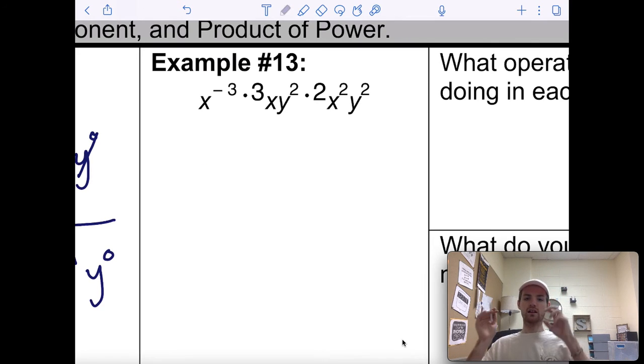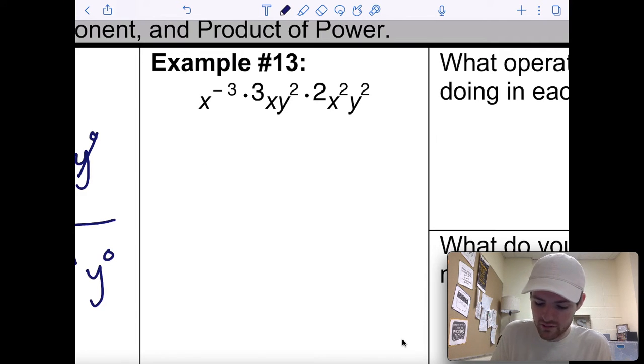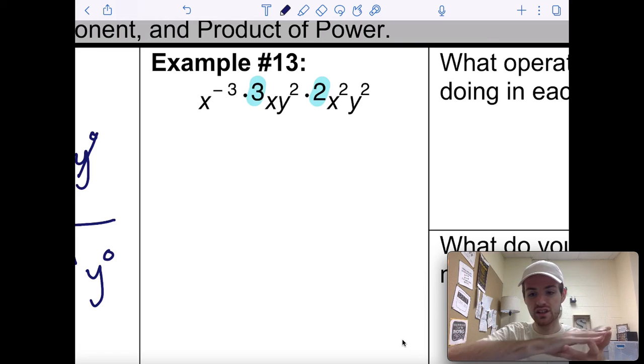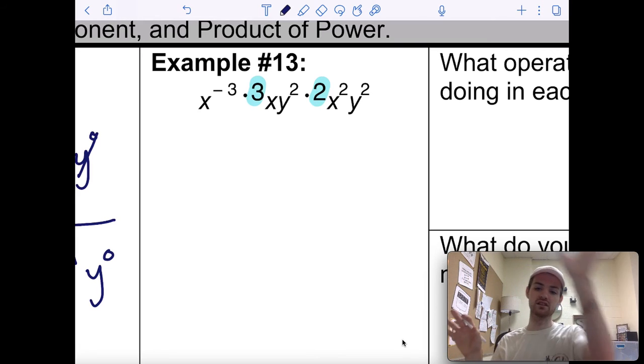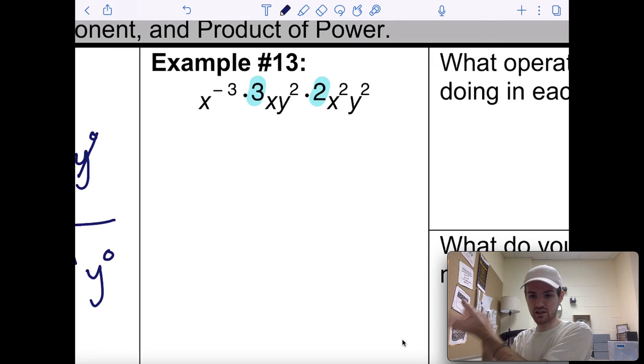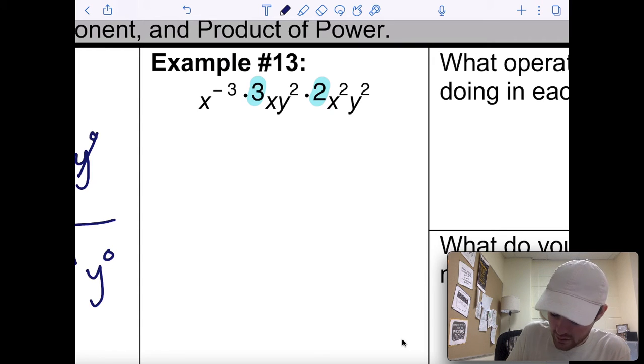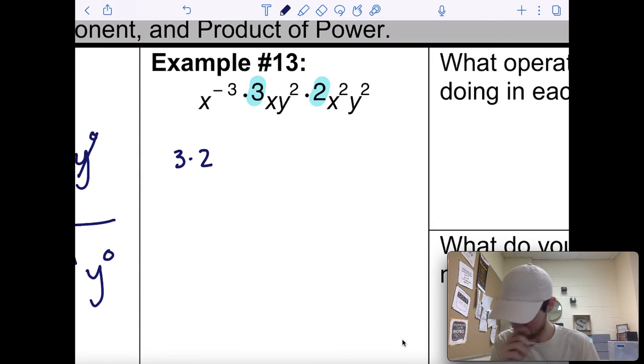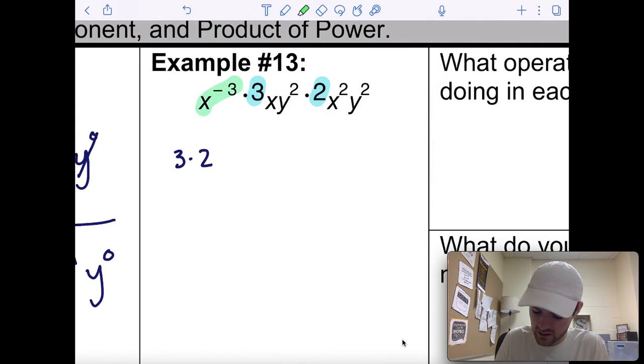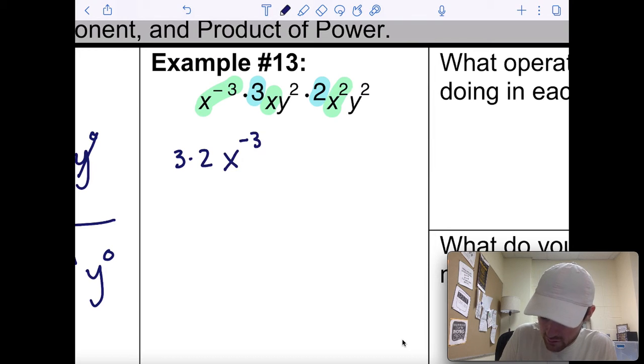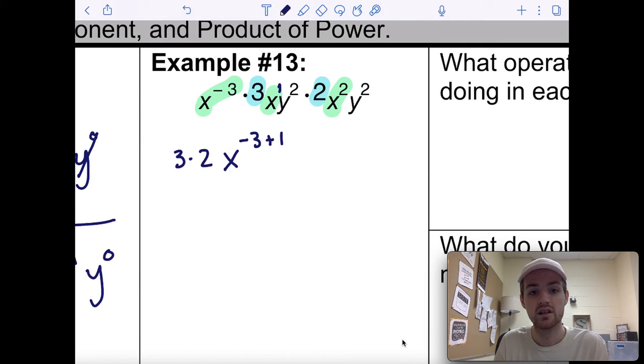So here, do you see how we have two number bases? We have a 3 and we have a 2. I'm going to go ahead and pull all of our numbers out, so 3 times 2. Then, let's look at our x's. X negative 3 plus 1, because when we don't see it, it's 1, plus 2.